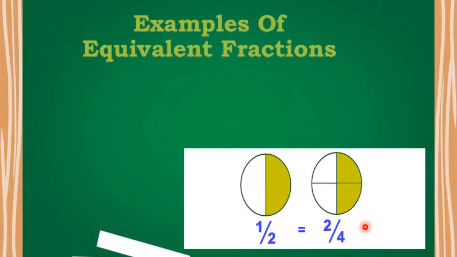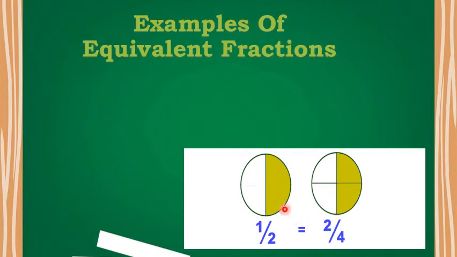Let's see some examples of equivalent fractions. In this shape, we have two circles. The first one is divided into two equal parts, and the shaded part is 1 part. So I represent it by 1 over 2. In the other one, we have a circle divided into 4 equal parts, and the shaded part is 2 equal parts.